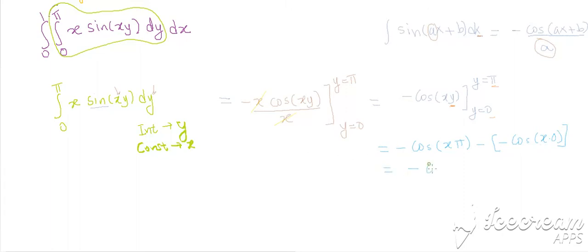This gives you minus cosine of x pi, minus minus becomes plus, and cosine x into 0 becomes cosine of 0, which is 1. So what are we left with? We are left with the value: integral 0 to pi x sine xy dy is equal to, we can rewrite it as 1 minus cosine x pi.